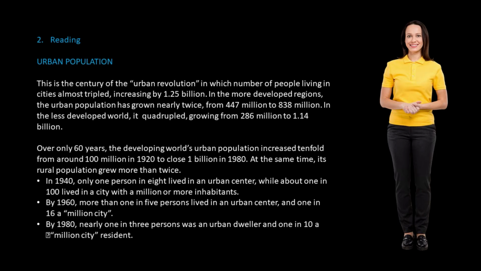By 1960, more than 1 in 5 persons lived in an urban center, and 1 in 16 in a million city. By 1980, nearly 1 in 3 persons was an urban dweller, and 1 in 10 a million city resident.